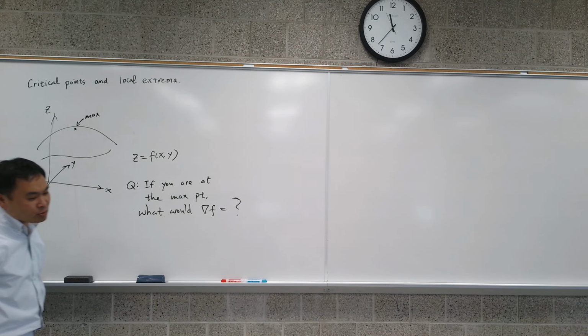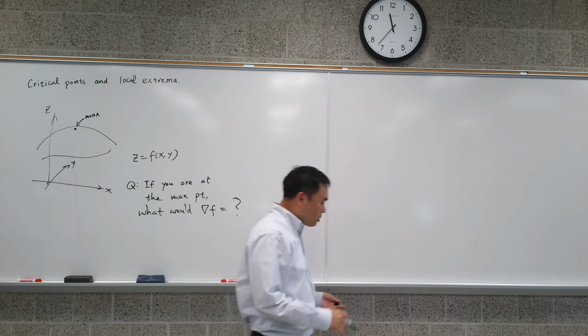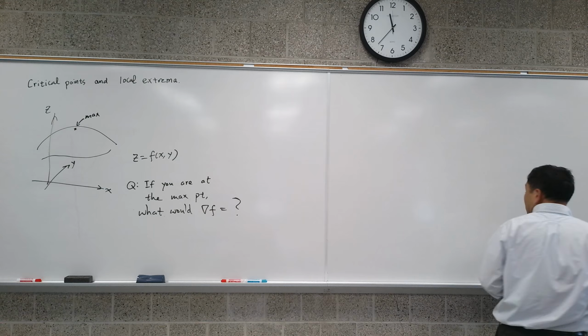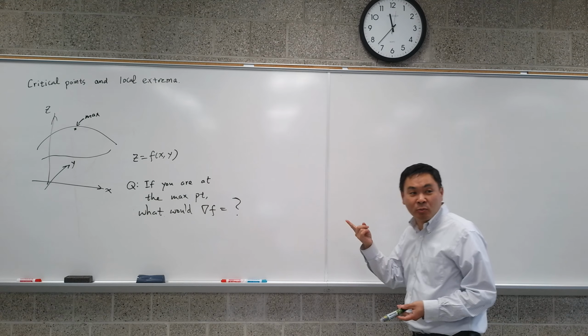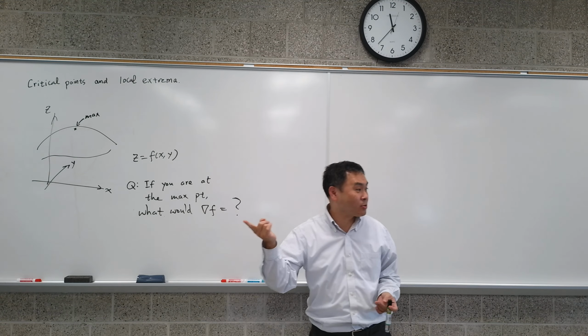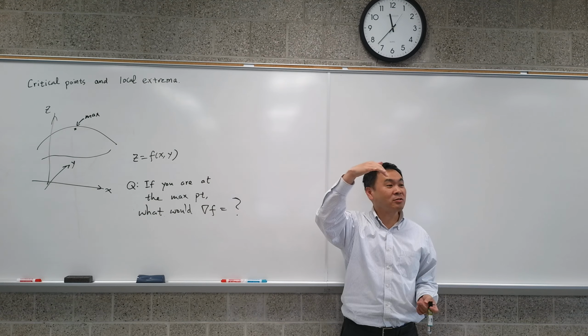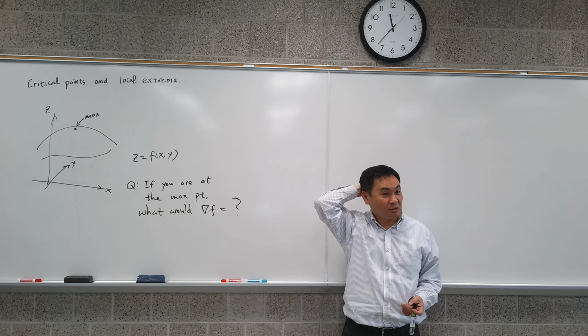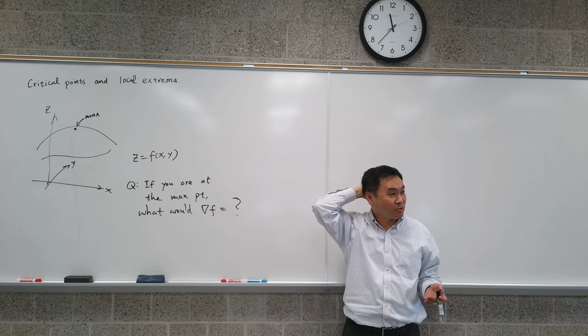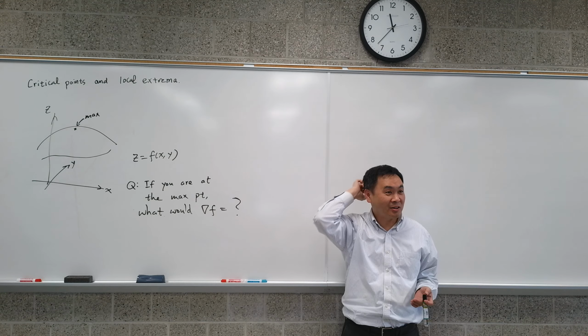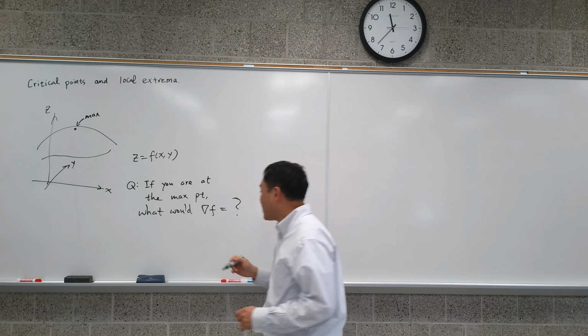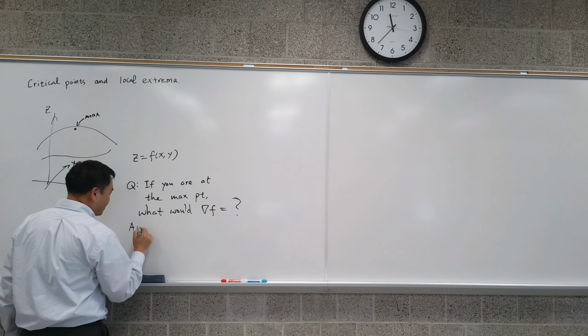And that's an interesting question because we know by intuition that the gradient is a vector that points to the fastest increasing direction, right? But if you're already at the top, where do you go? Nowhere, right? So what do you think the gradient would be? Zero. Okay, so the answer is it's zero.